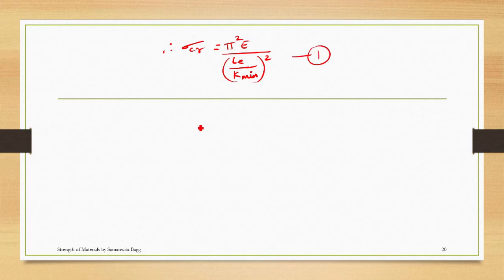Now we need to understand that our column is failing under buckling effect because it's long. So when you have a buckling effect, your column will fail under this critical stress, but it will never fail under sigma C, which is the ultimate compressive stress.